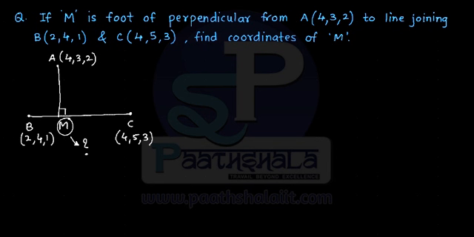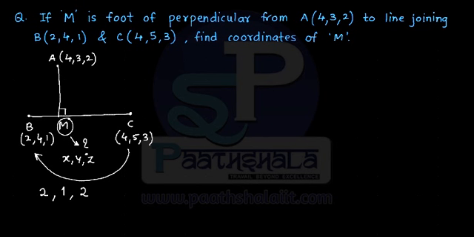Right, now here if we assume once again coordinates of point M for the time being as say x, y and z, we know that the direction ratios of line joining points B and C will be the respective subtraction. So 4 minus 2 is 2, 5 minus 4 is 1, and 3 minus 1 is 2. Correct.